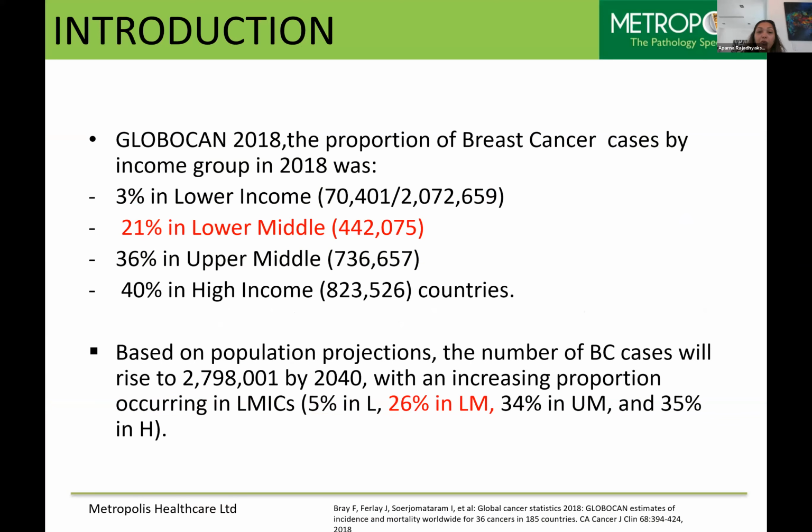If you look at the lower income, lower middle, upper middle, and higher income countries, it's all increasing. India comes in the lower middle, where the income per annum is about $7,500 per year. It's 21,000 cases, and they are thinking that by 2040 in India, there will be about a 26% increase.